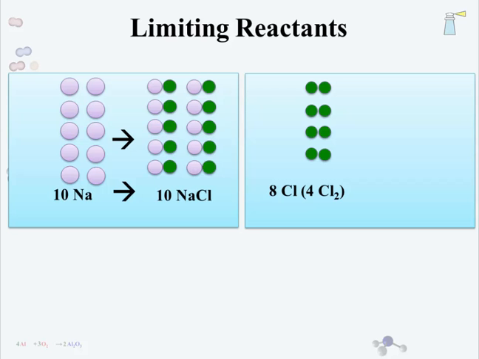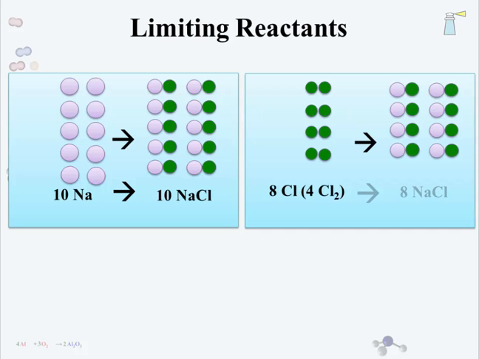The problem is easy enough to do by inspection, but if the value of sodium was given in grams, then we would have to find the amount of sodium chloride using stoichiometry. The same question could be asked with chlorine. How many sodium chlorides can be made if there are 4 chlorine molecules or 8 chlorine atoms? The answer is 8 sodium chlorides.